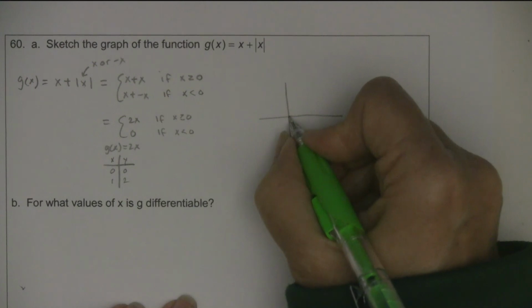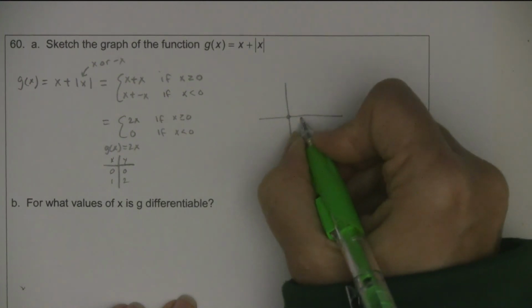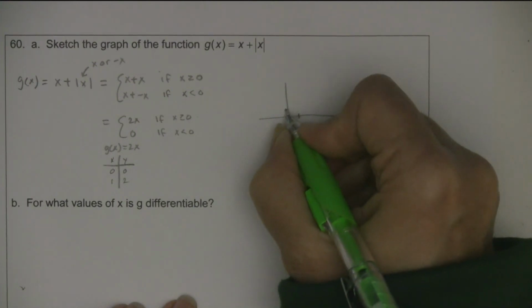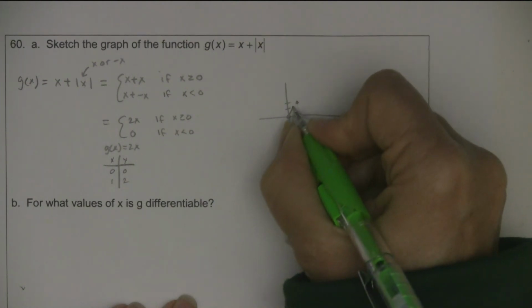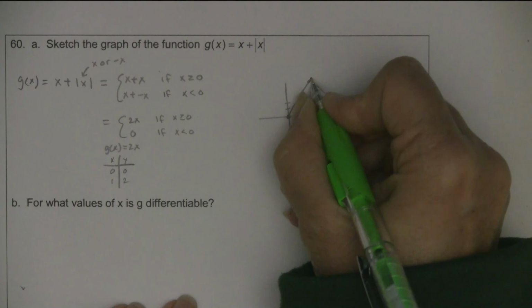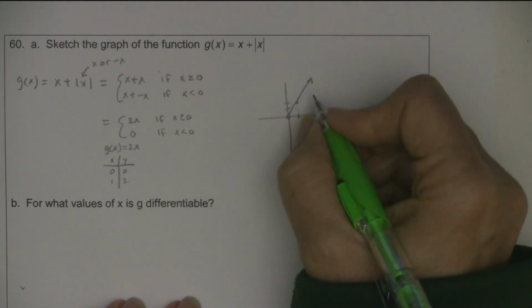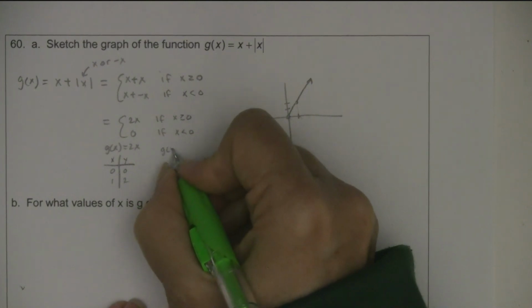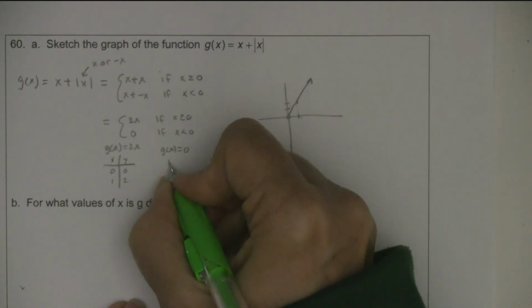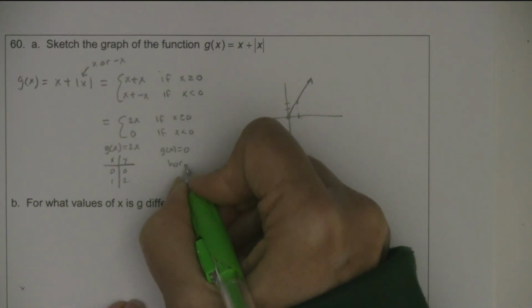It's solid here, over 1 up 2, and of course, I'm just making a sketch. So it's a line that looks like that, and then g of x equals 0 is a horizontal line.